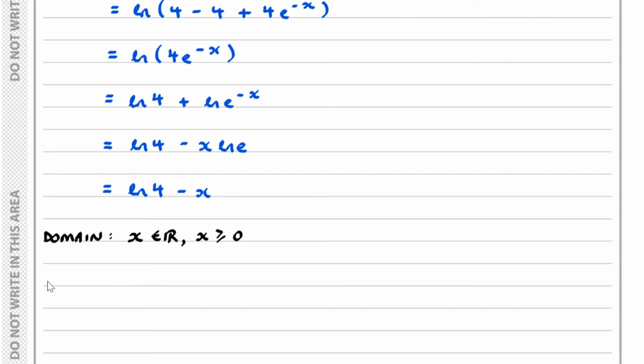And for the range, now what we have is a straight line graph, so it looks something like this. When x is 0, here we've got the natural log of 4. We don't want values of x which are negative, and the graph goes from the natural log of 4 down to negative infinity.